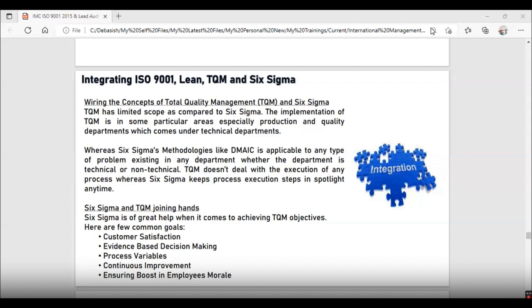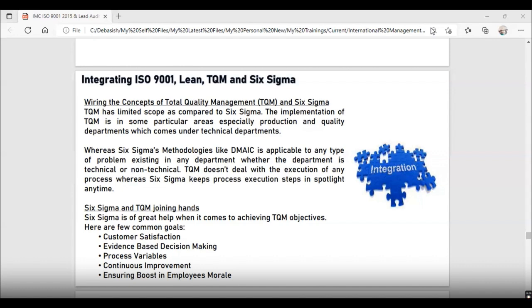Total quality management is a management approach to long-term success through customer satisfaction. TQM, or total quality management, initially came out of manufacturing, but its popularity saw it move into clearly or nearly all sectors.